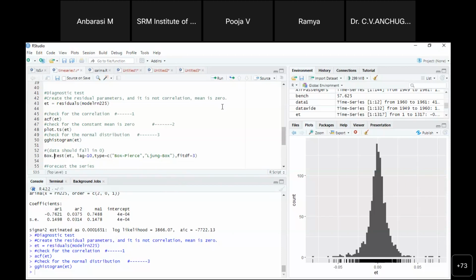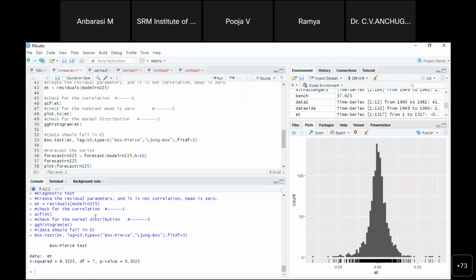Okay, so in the box plots test, we will try to find out the p-value. Here we will check this fit df, the degree of freedom. The degree of freedom is nothing but the value we have to keep subtracting for the series of the residual.